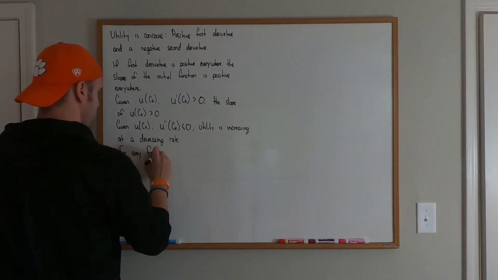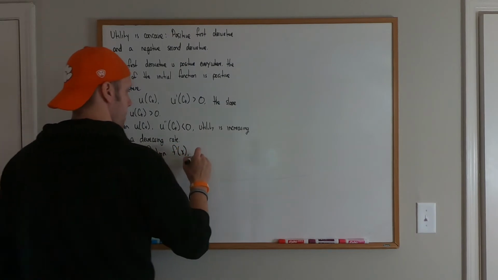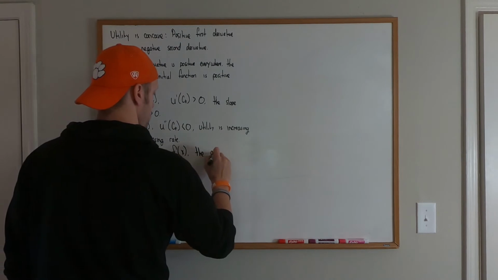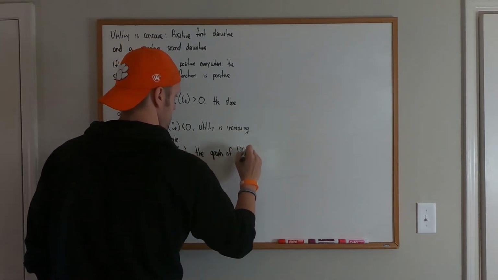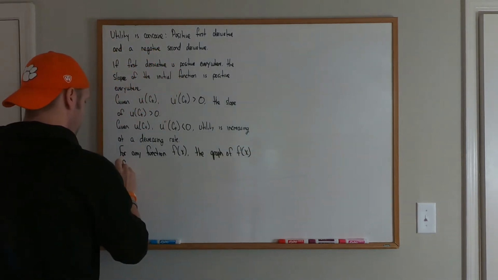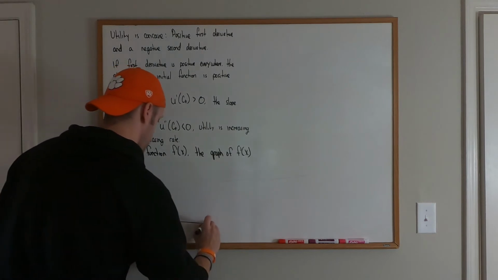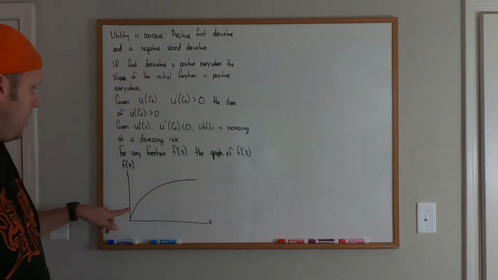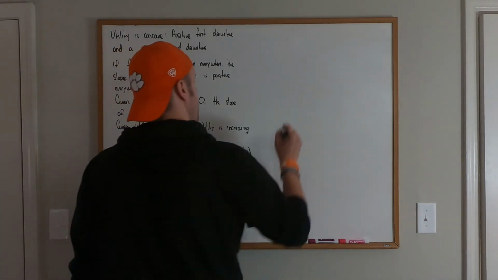So for any function, say f of x, we have this graph of f of x, where it's increasing, but it's increasing at a decreasing rate.